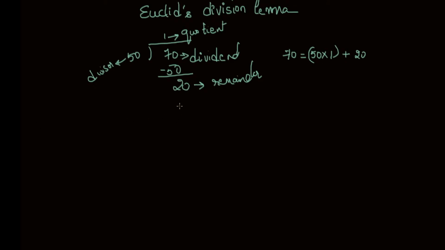So let's say I want to even further reduce this remainder to 0. Next I will use this as the divisor and this as the dividend. So I would take 20 as the divisor, 50 as the dividend. 2 twenties are 40, so that would leave us a remainder of 10.